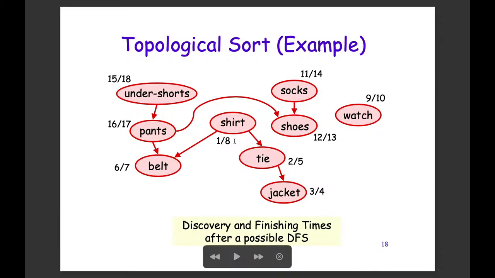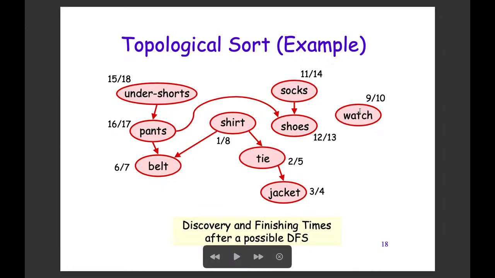We claim that we are going to find whoever has the last finishing time, this one, and put it as the first job. The second last is the second job. Who is next? Socks, because 14 is a very large number. This is the third one, this is the fourth one, and next, fifth.